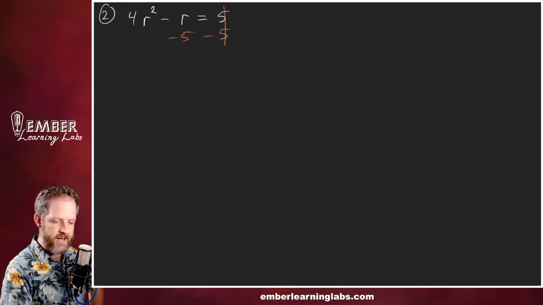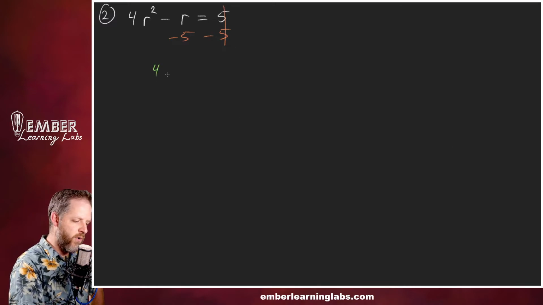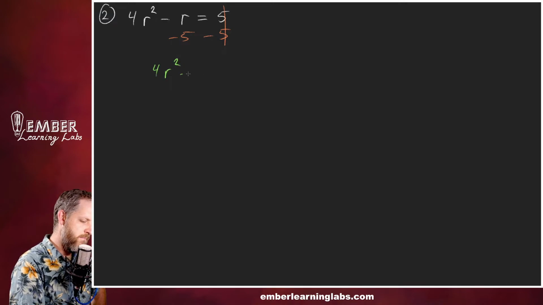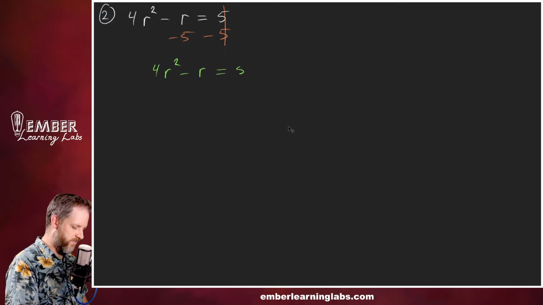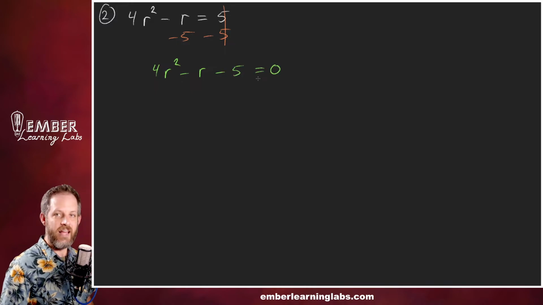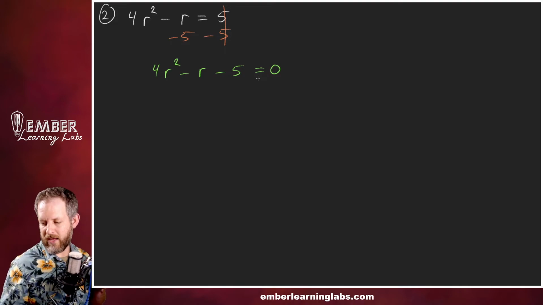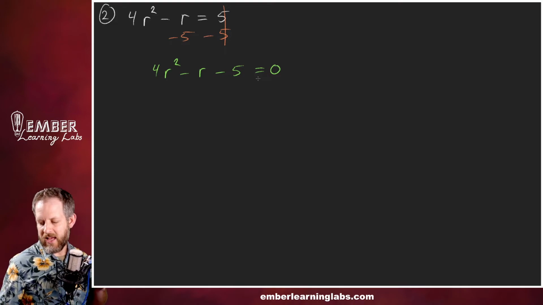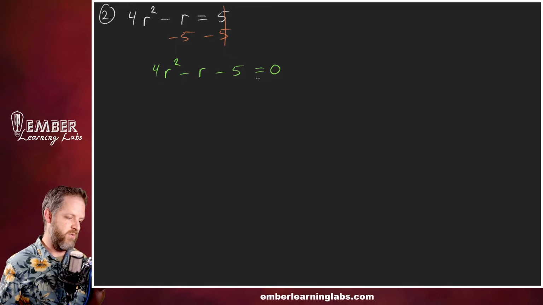So this then turns into 4r squared minus r equals 5 minus 5 equals 0. There we go. Easy peasy lemon squeezy, right?